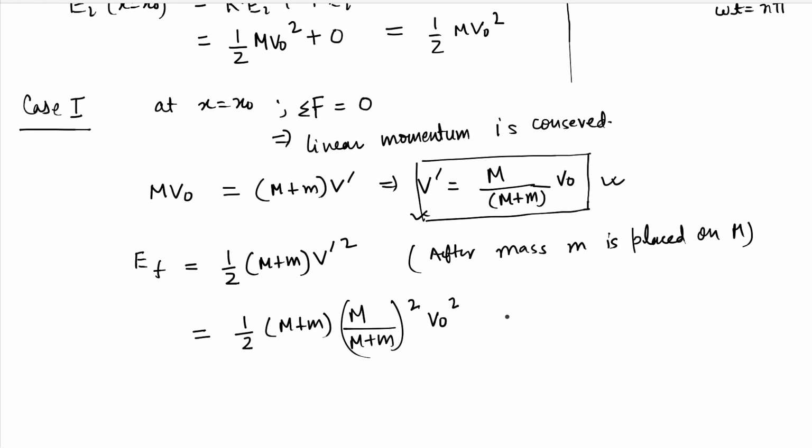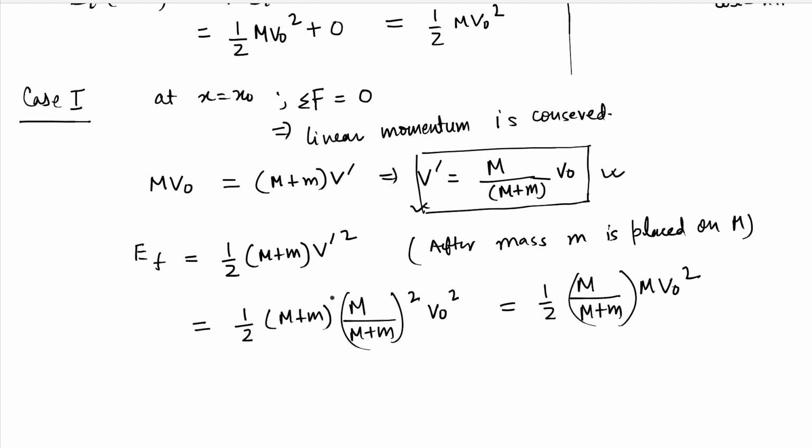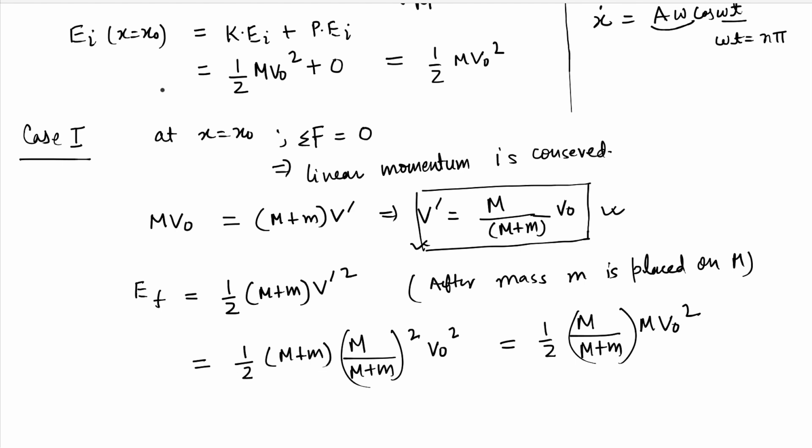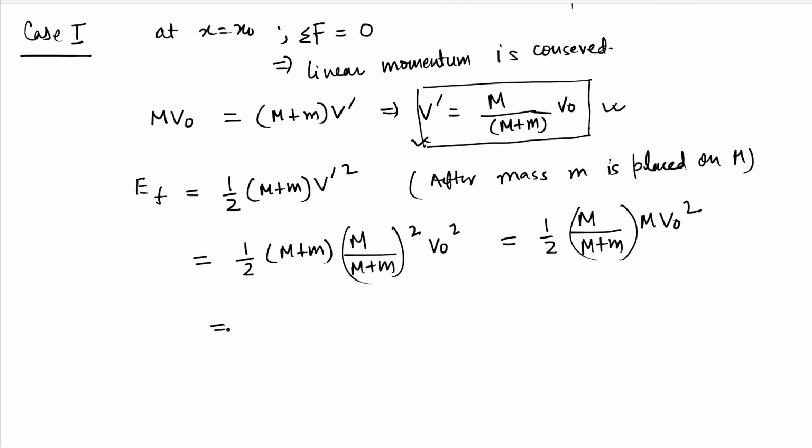and therefore this is half m by m plus m mv0 square. And if you compare it with the initial energy EI, so this will be m by m plus m EI.